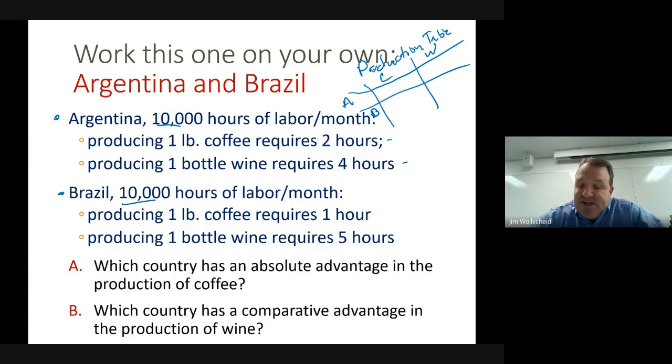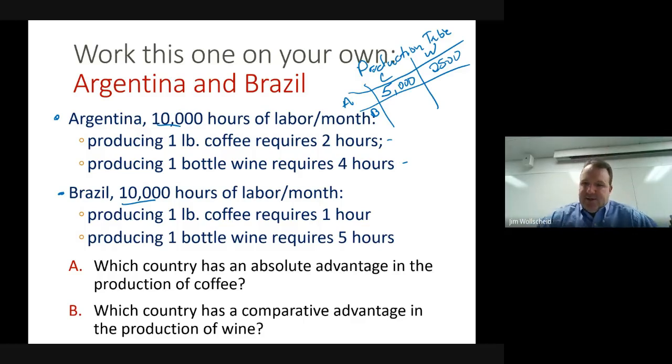So Argentina, if they did nothing but specialize in coffee, what they could end up with is 10,000 divided by 2, so they could get 5,000 coffees. Or what about wine? Well, if we do wine, we could find 2,500 for Argentina in wine.